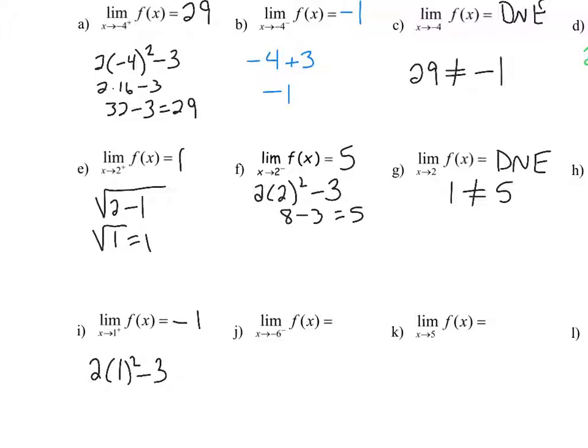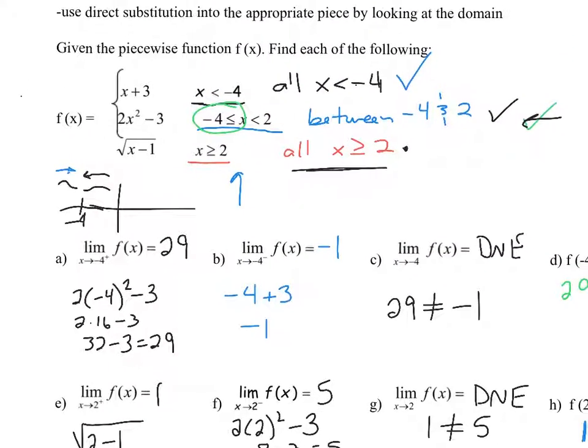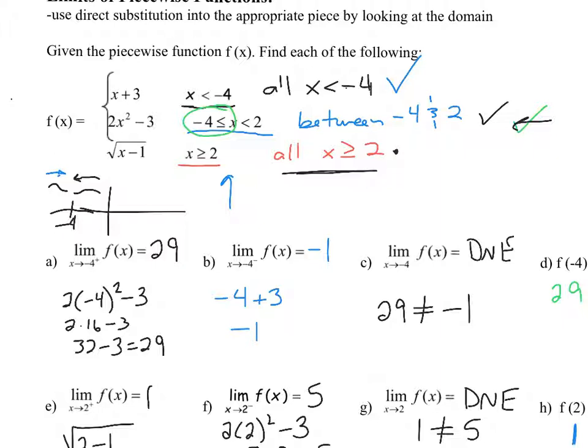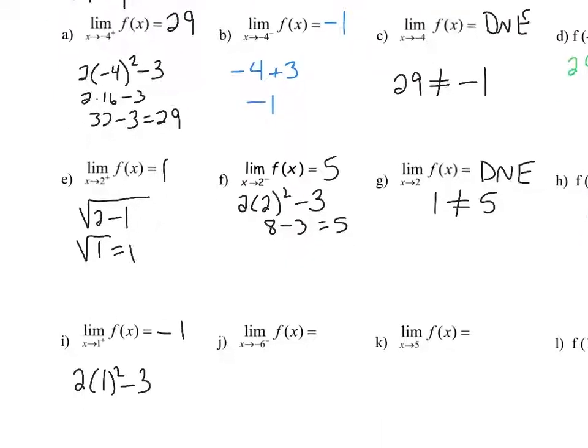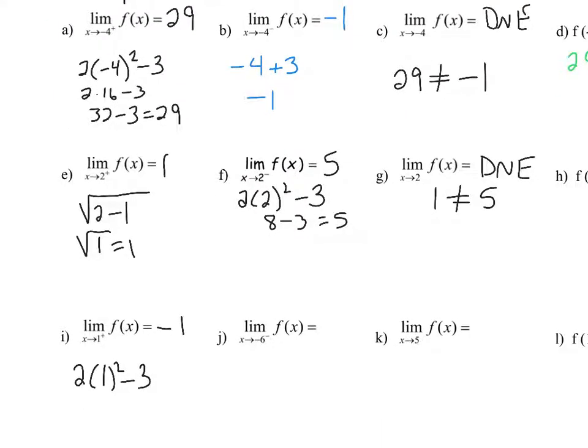And same for all these values that really aren't a problem. -6, I'll just plug it into its appropriate part. So look at -6, that's a value that's smaller than -4, so I'll plug it into this guy, which is x plus 3. So I'm plugging this into x plus 3. That's simply going to be -6 plus 3, which is -3. So that limit's -3.